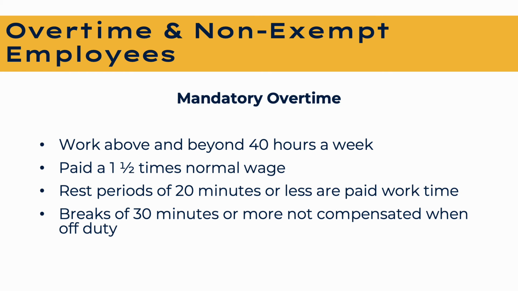Short rest periods, usually around 20 minutes, are common and customarily paid as work time. Meal periods of 30 minutes or more are generally not compensated as long as the employee is completely relieved from job duties for that entire time.